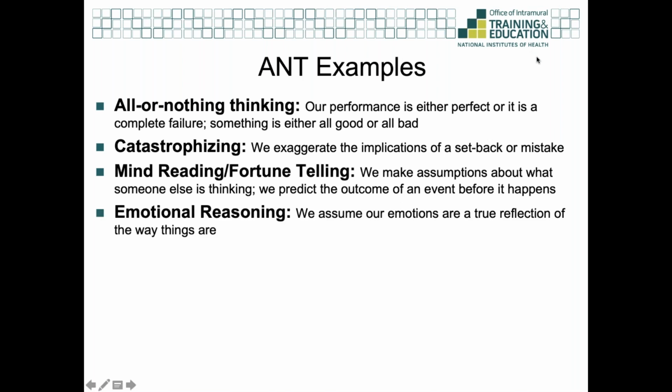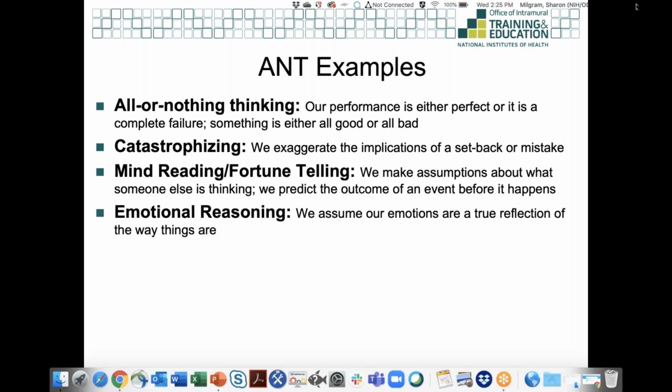All right, next one. Emotional reasoning. We assume our emotions are a true reflection of the way things are. So you make a mistake and you have a pretty lousy outcome and you say, oh, that was stupid. That was stupid, I feel stupid.